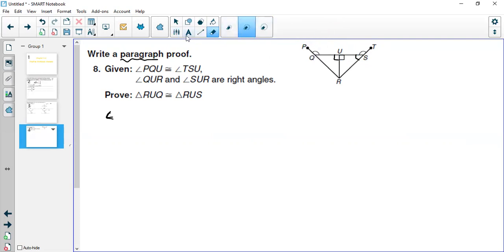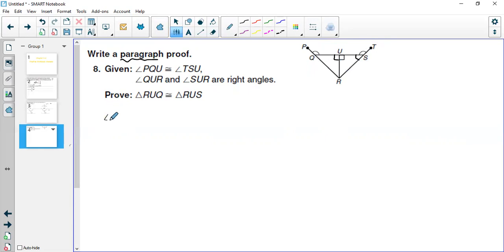Okay, so let me just mark this. Because angle PQU is congruent to angle TSU, and angles QUR and SUR are right angles. So let's start by writing the given information first.